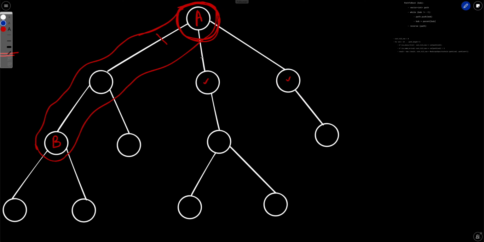Now what is the second choice? The second choice is Alice decides to diverge after this. So these are the two nodes which are common between Alice and Bob. Now we do the same thing again.